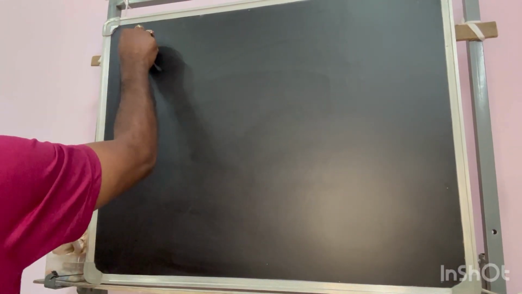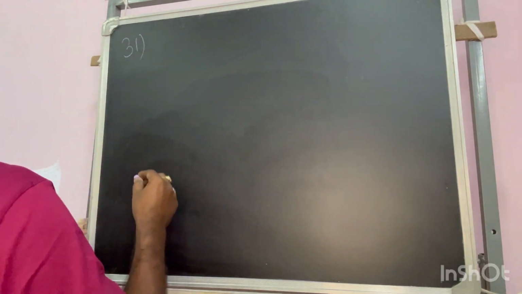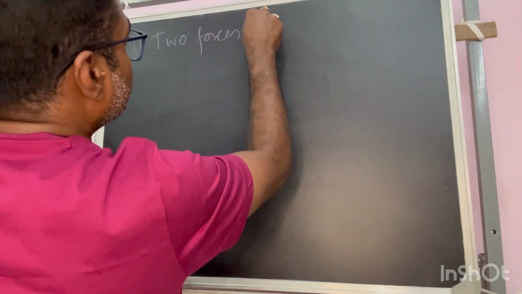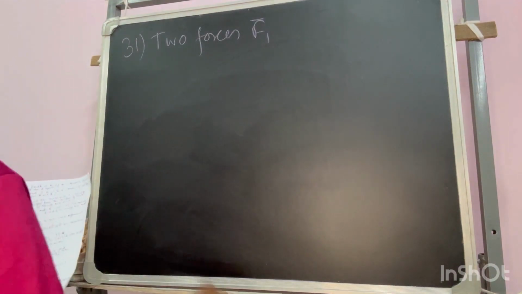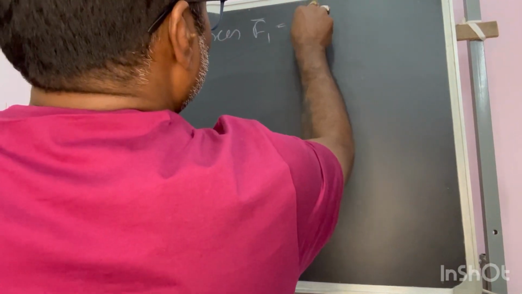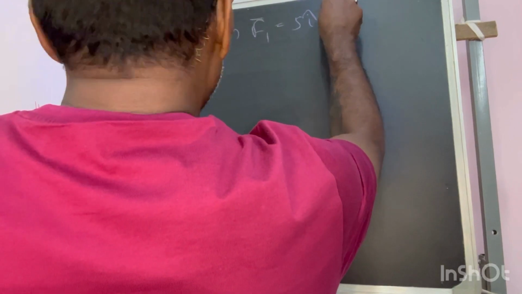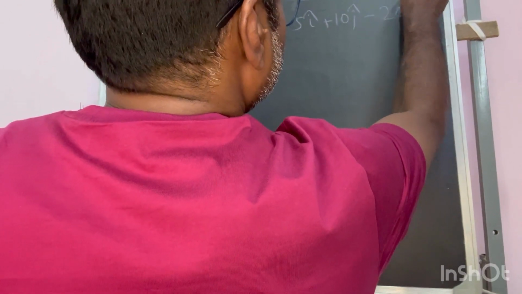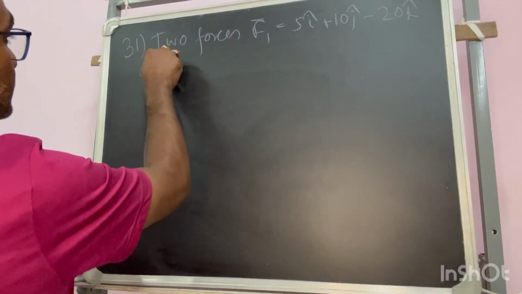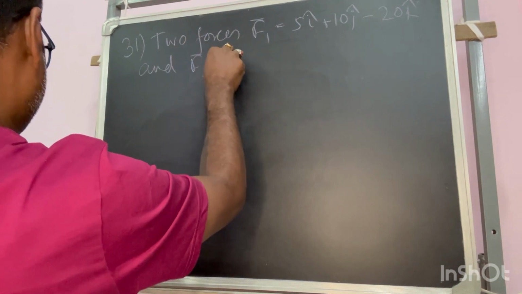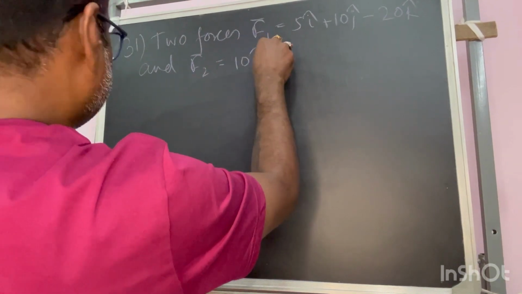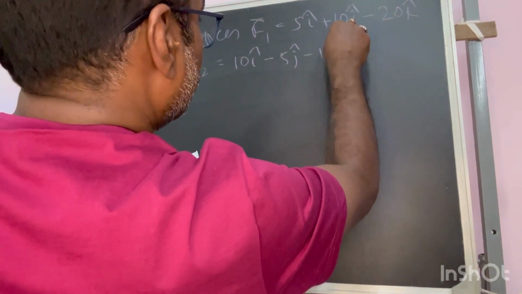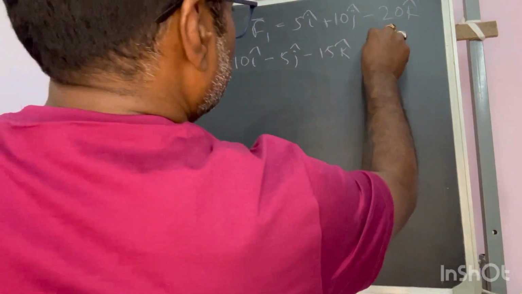That is problem number 31. It says two forces, F1, which is denoted by 5i plus 10j minus 20k, and F2, that is equal to 10i minus 5j minus 15k, at a single point.